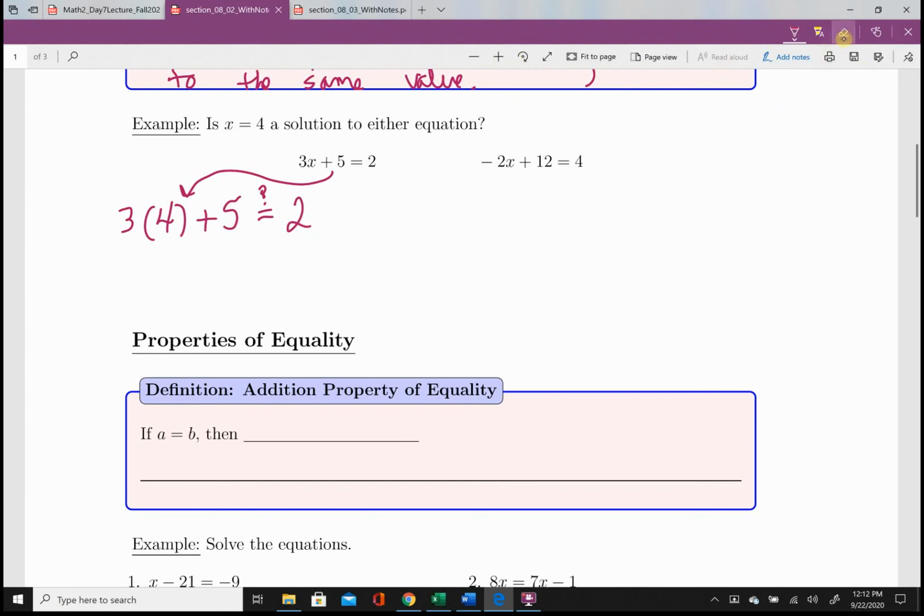So that is a really kind of a messy looking question mark, so I'm going to rewrite that part real quick. Much better. Okay, so then go ahead and simplify. Well, in order to simplify the left-hand side of the equation, we would multiply the 3 and the 4 and get 12 plus 5. Is 12 plus 5 equal to 2? Well, no, right off the bat, here we can say that this is not going to be equal because we have 17 on one side, 2 on the other. So is x equals 4 a solution to either equation? Here we'll say no, not a solution.